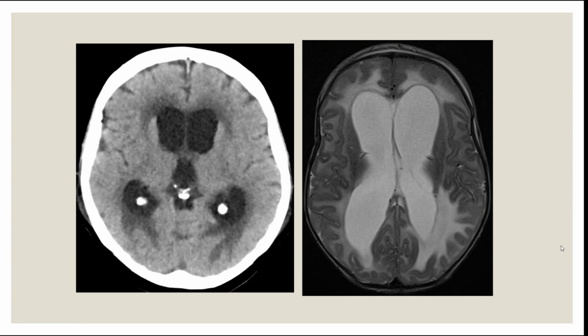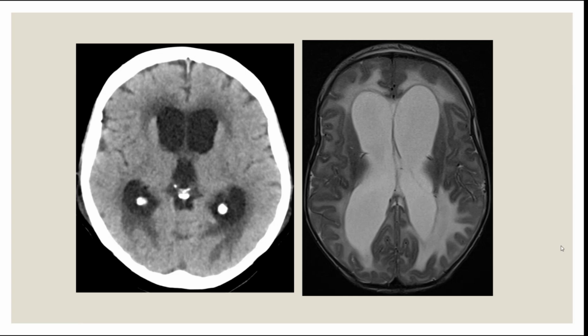This is an active hydrocephalus because you see the edema surrounding the lateral ventricles. There is some edema around the ventricles on the side. It looks either hypodense in the CT or hyperintense in the MRI. This indicates that hydrocephalus is still active.